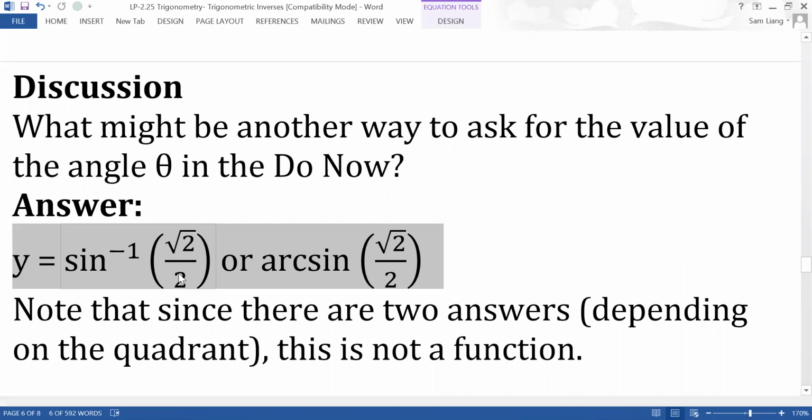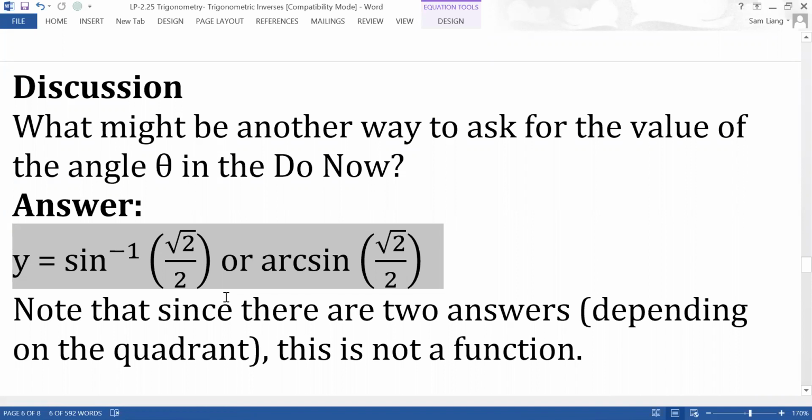Okay. All right, as a follow-up to that, note that since there are two answers depending on the quadrant, right? Because in the do now for part A, we saw 45 and 135. For part B, we saw 225, 315. Since there are two answers, this is not a function because if you think back to September, the functions lesson, if there are two outputs for one input, right?